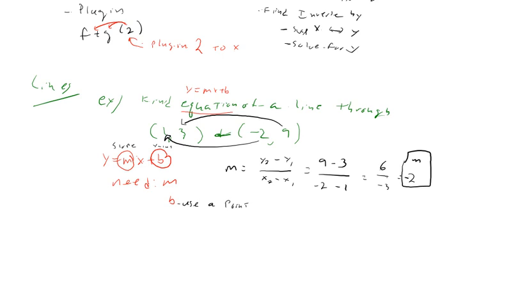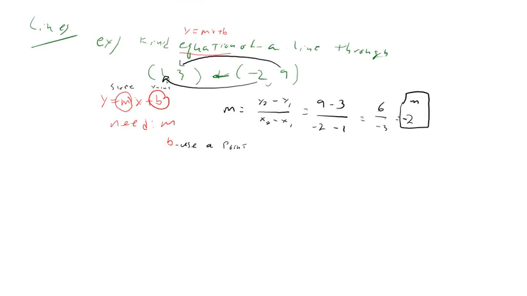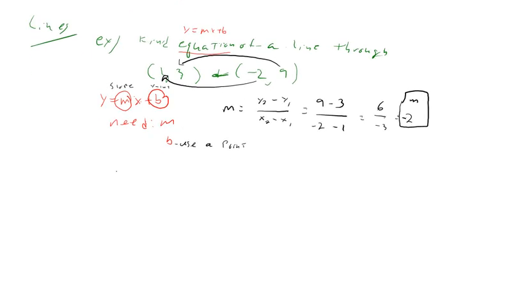We have y equals mx plus b. So I have the negative 2. Y equals negative 2x plus b. Right, so I use my negative 2. I use my slope. And then I'm going to pick one of these points. I like the positive one. I'm going to pick this one and plug that into my x and y.